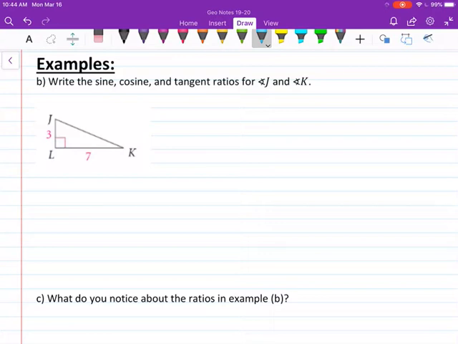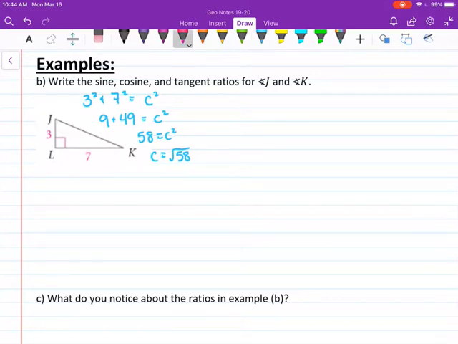So to find the hypotenuse, I'm going to say 3 squared plus 7 squared equals my hypotenuse squared, which I'll call C. And I get 9 plus 49 equals C squared. So then I get 58 equals C squared, or C equals the square root of 58. So there's the length of my hypotenuse.